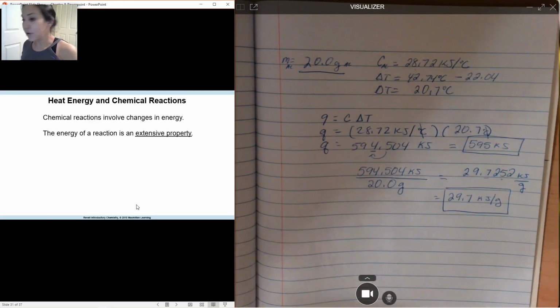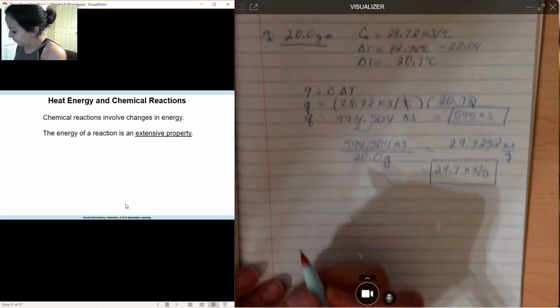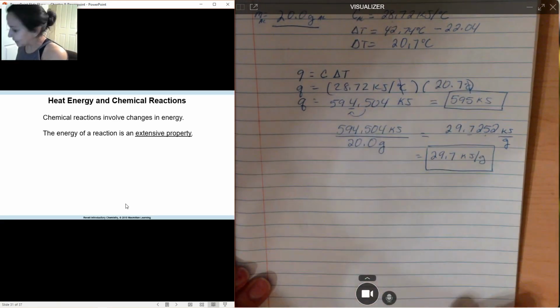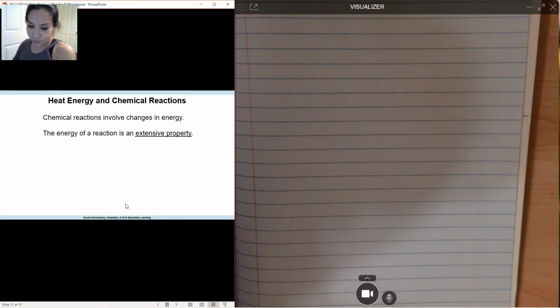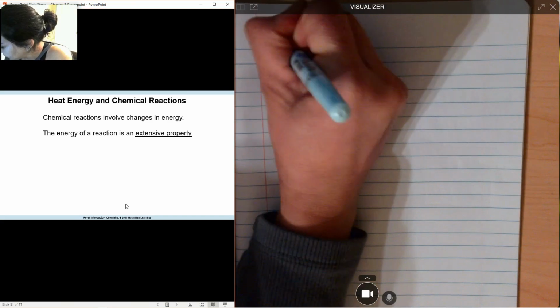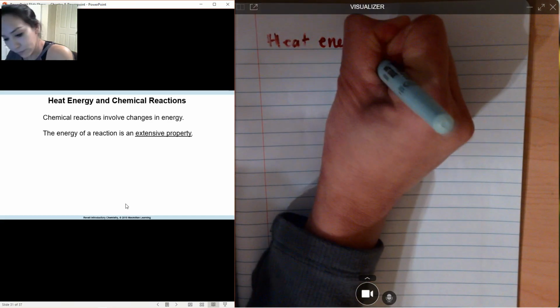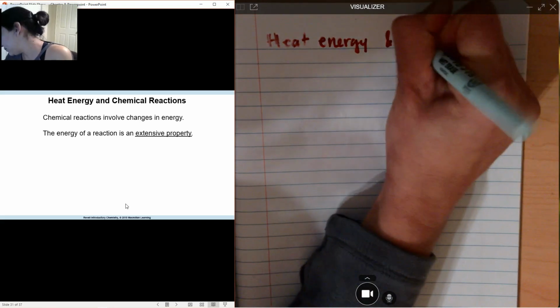Heat, energy, and chemical reactions. It says chemical reactions involve changes in energy, and the energy of a reaction is an extensive property. Okay, so let's write some of this down. This is the next little section. So it's 8.3, and it's called heat, energy, and chemical reactions.